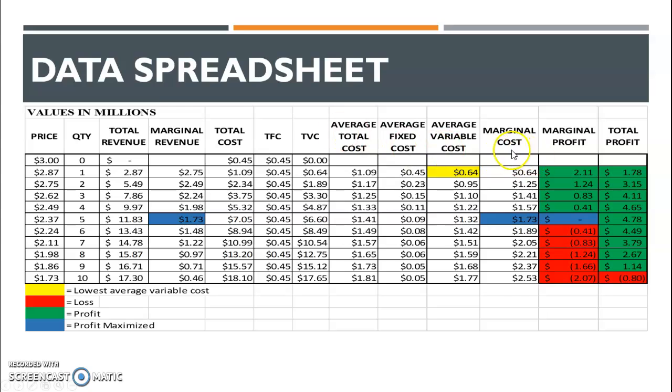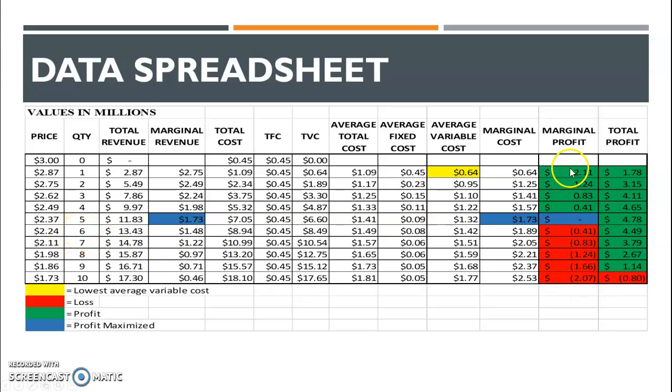As you see in the data spreadsheet that was provided, we can see that the lowest average variable cost would be here at 1 unit, average variable cost 64. Losses outlined in red start to occur when we get up to 6 quantity.